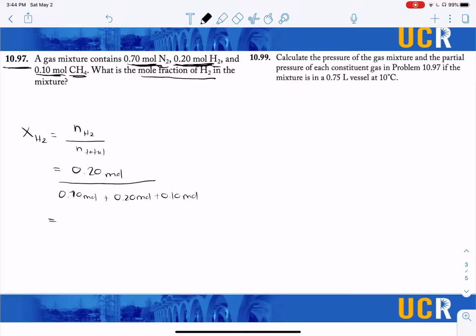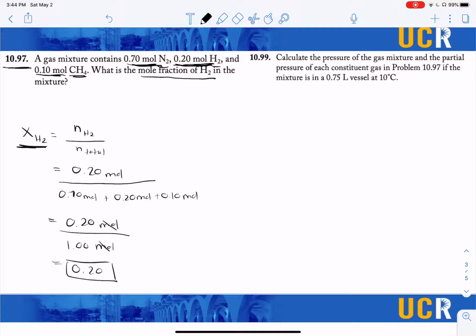So that's going to be equal to 0.2 moles over 1 mole. So the mole fraction of hydrogen, in this case, is just going to be 0.2. And again, no units. Awesome, so that'd be the answer for this first problem.